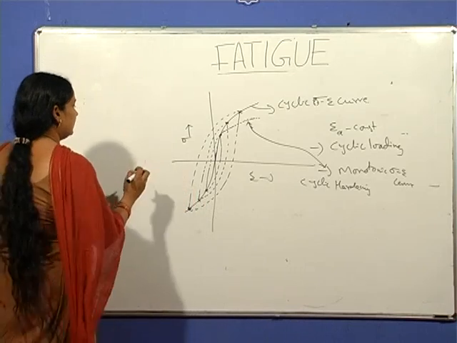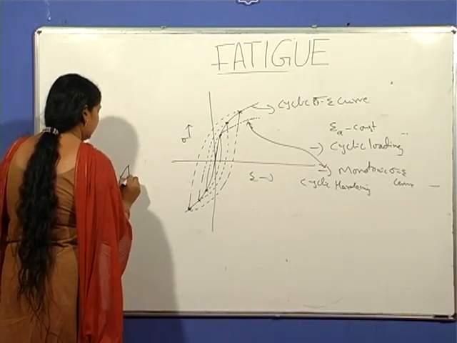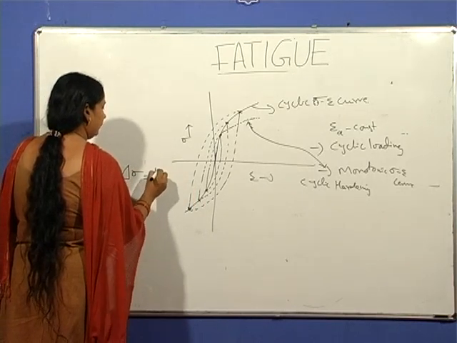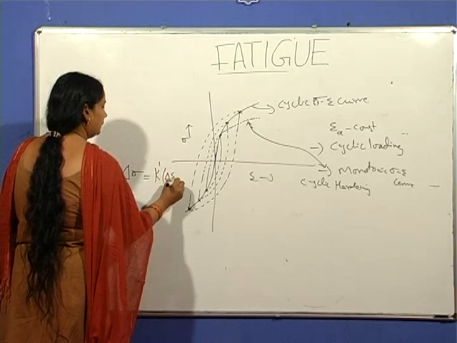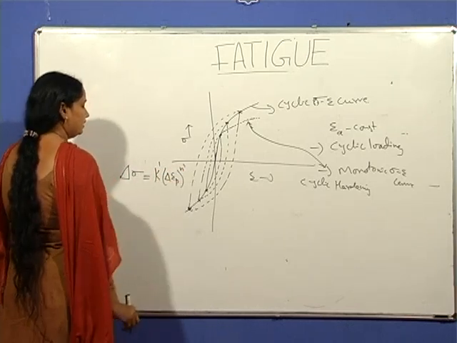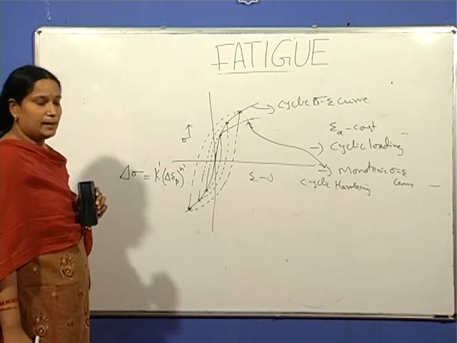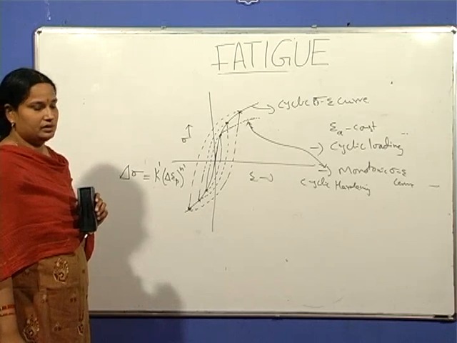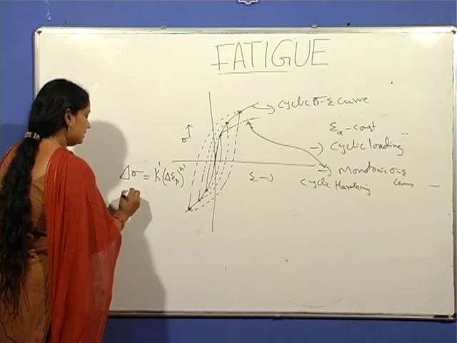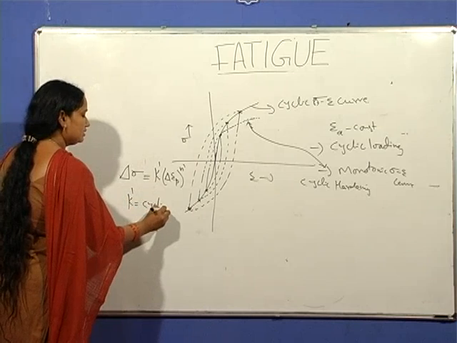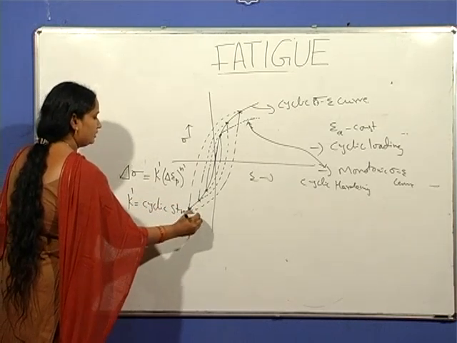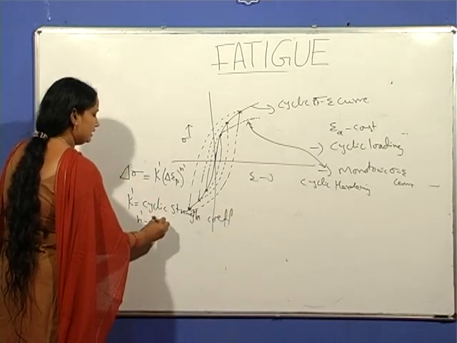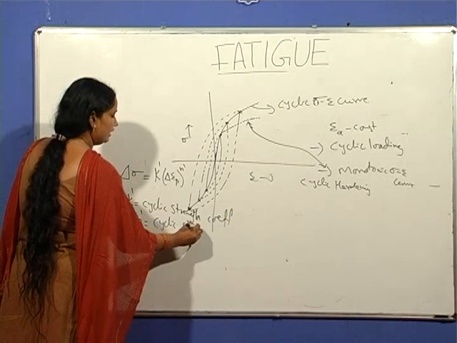So here the cyclic stress strain curve can be represented as delta sigma, the stress amplitude, is equal to K prime into delta epsilon P whole to the power of n prime, where delta sigma is the stress amplitude, delta epsilon P is the plastic strain, K prime is the cyclic strength coefficient, and n prime is the cyclic strain hardening exponent.